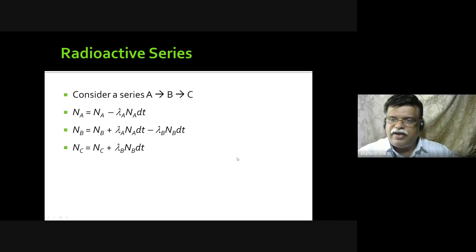You can also, in fact, it is a very useful exercise, write this series for the natural radioactive elements. The problematic part there is there are a large number of elements. That is not a problem. Excel can handle that.